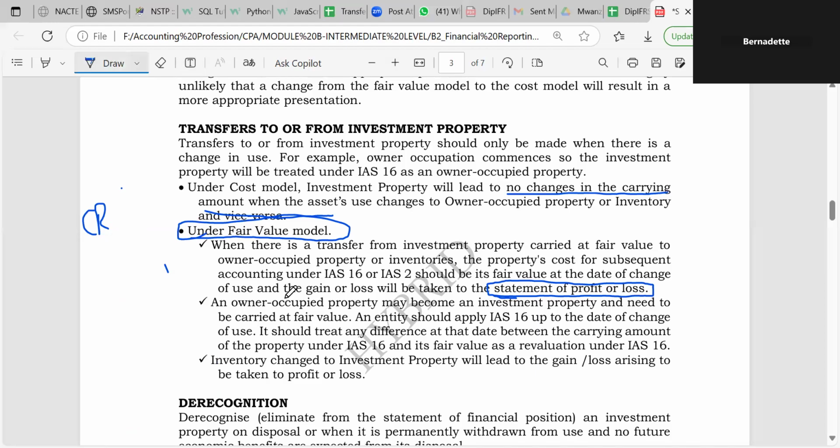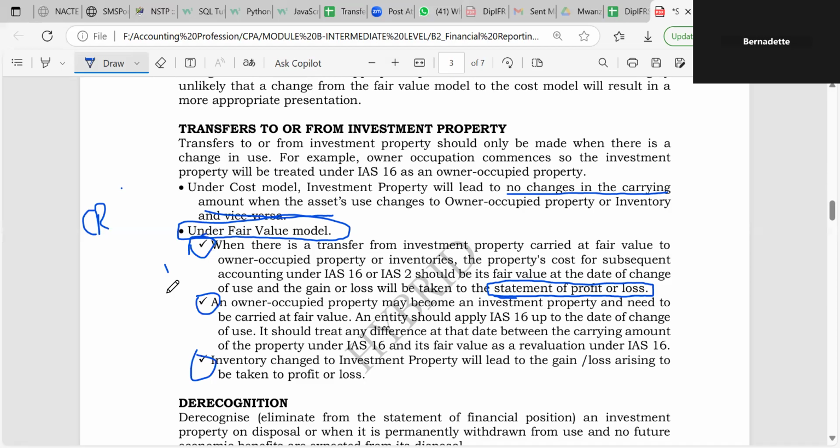Now you see this. Whatever explanation you see here, look here. An owner occupied property, which is usually IAS 16, may become investment property. What are you going to do? If you are changing an owner occupied property to investment property, it means previously if there were gains, we were taking the gains to revaluation, OCI.